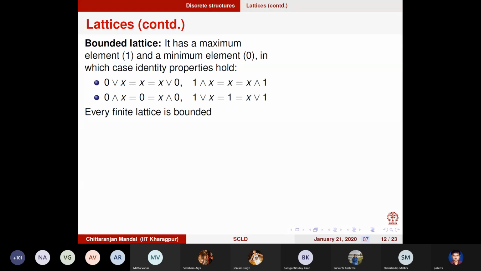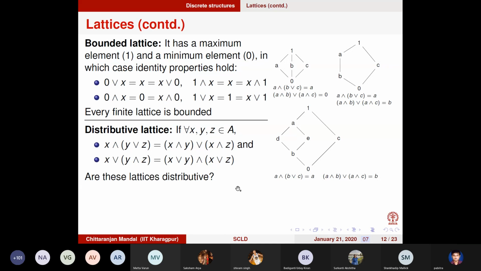There is another property that is important. For bounded lattices, some identities hold. For example, you take the least element and take the join with the least element, you get back the least element. So this holds, and similarly this holds. These maxima and minima give some important properties.